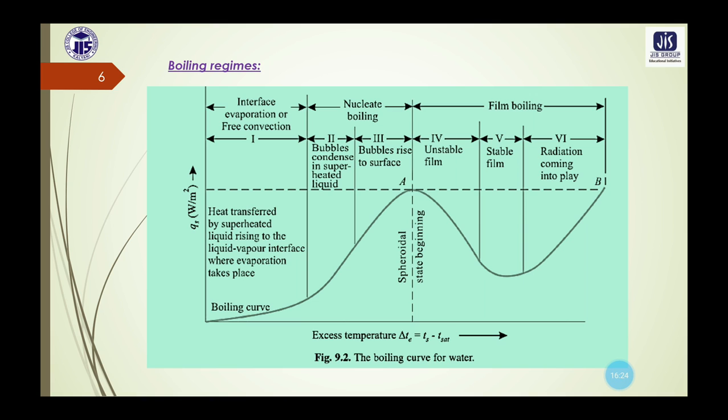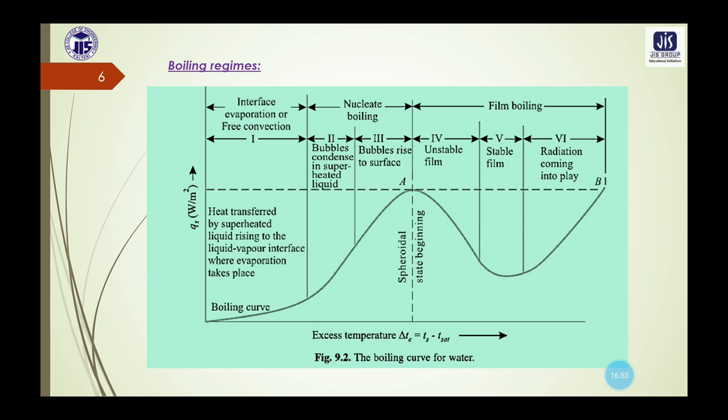This is what happens in nucleate boiling, in regions 2 and 3. When the excess temperature is increased, bubbles are formed on the surface of the wire, and these bubbles condense in the liquid without reaching the liquid surface.